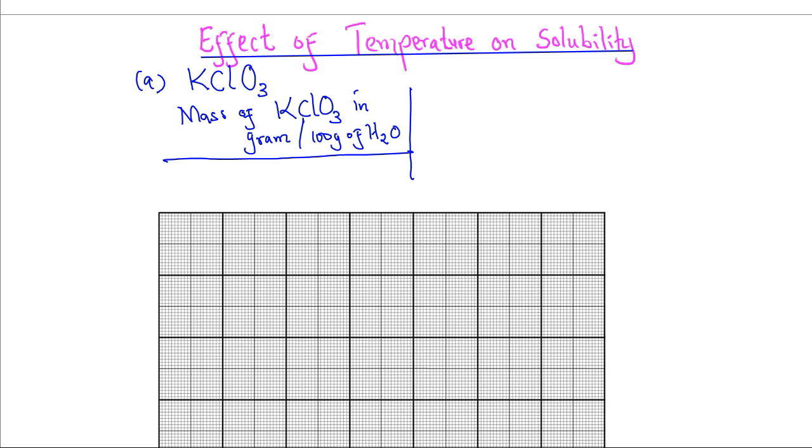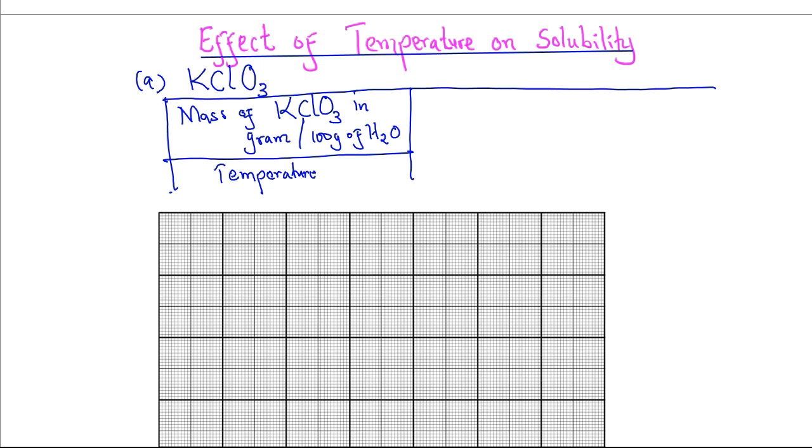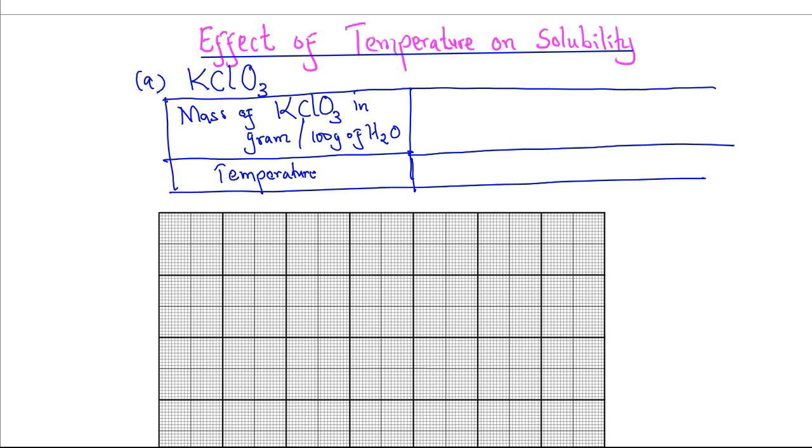Then we shall have temperature. A temperature of 88, the mass, or rather solubility, is 40. 52, solubility of 20. 38, solubility of 13.3.